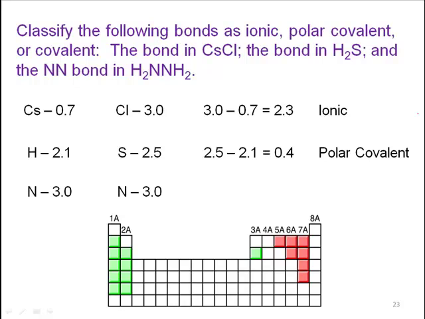Okay, the big thing here is if you look here, you've got a metal here. Metals and non-metals usually have a large electronegativity difference. So if you have something that's way down here near francium and way up here near fluorine, the difference is probably going to be very great. Metals and non-metals tend to form ionic bonds.